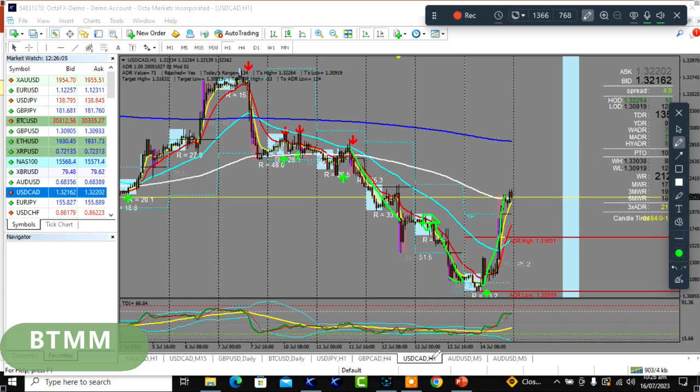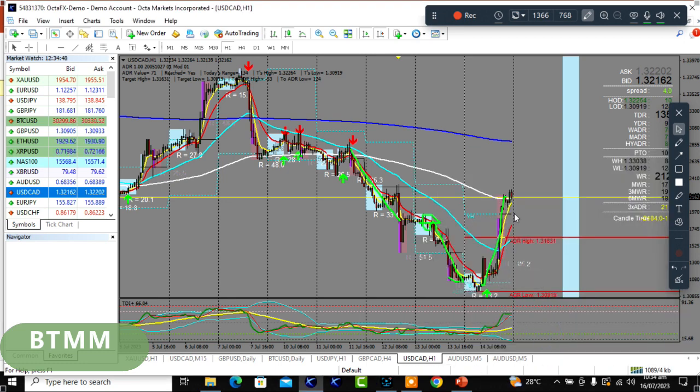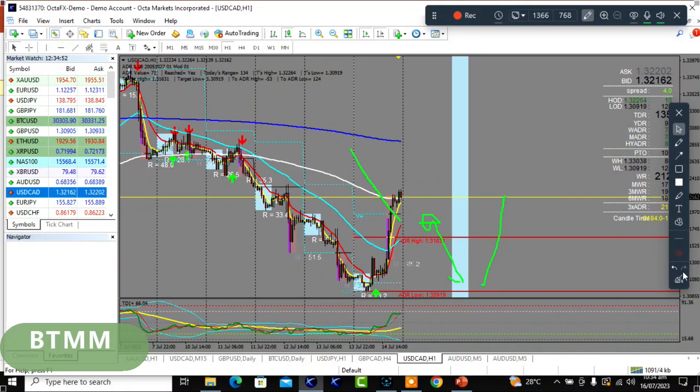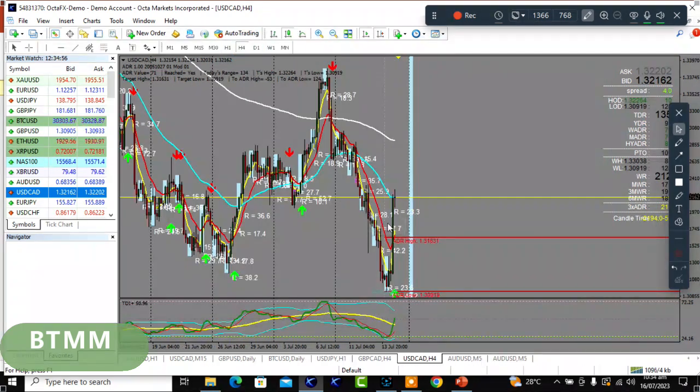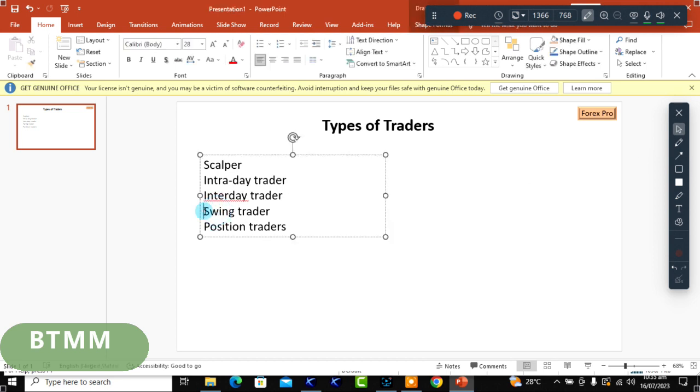So the next type of trader is the swing traders.